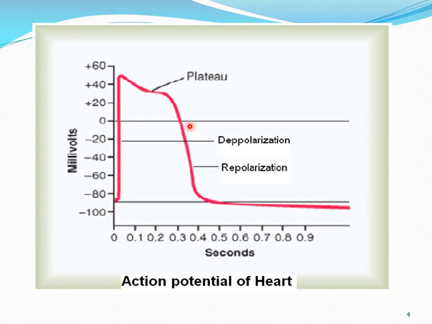That leads to a decrease in potential back towards -90 millivolts. So the potential comes back to -90, and that is called the repolarization. So this is the first property, that is, excitability.